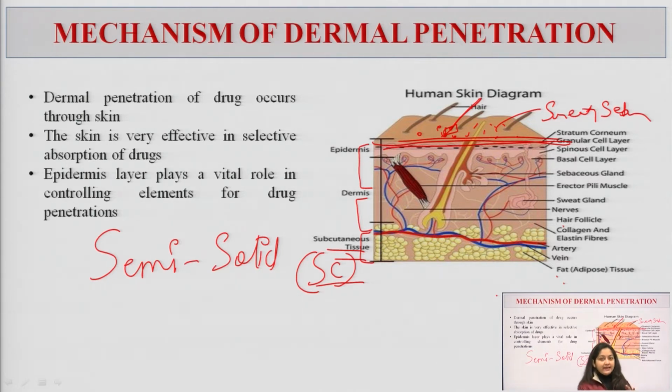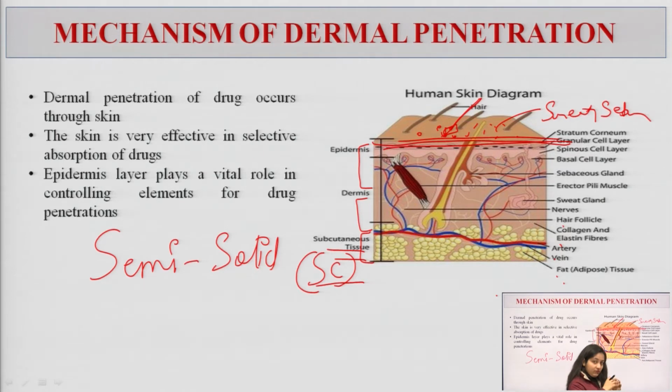Whenever we apply anything onto the external surface of the skin, that is onto the stratum corneum, dermal penetration occurs and it eventually reaches the artery, vein or the SC layer.